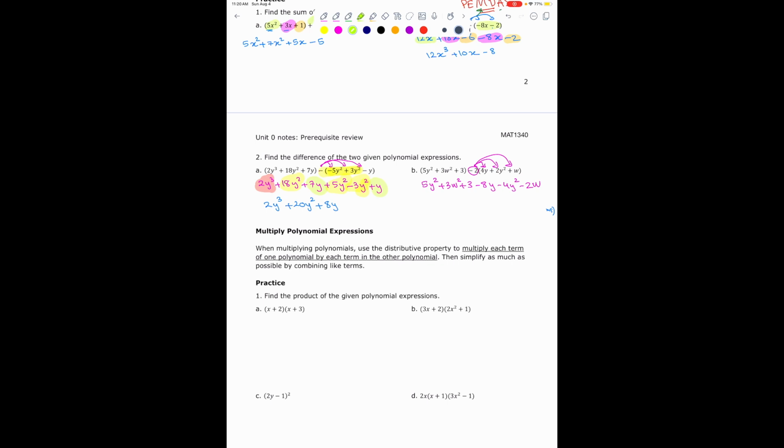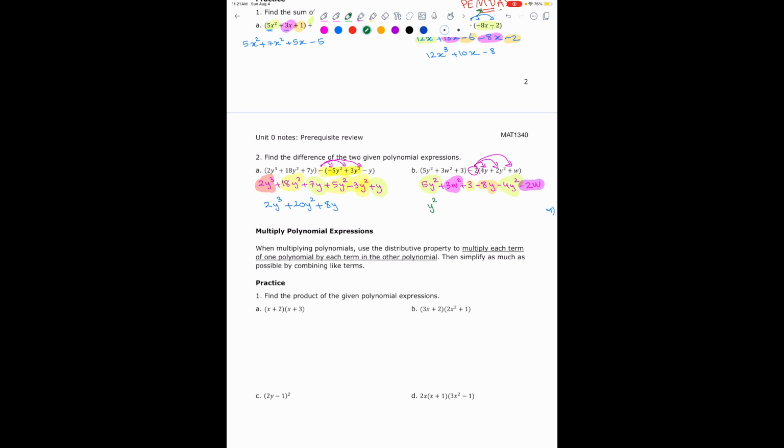We're going to highlight like terms. 5y squared is similar to negative 4y squared. 3w squared does not have any like terms, and so is the rest. 3 doesn't have any like terms. Negative 8y doesn't have any like terms. Negative 2w doesn't have any like terms. Now we're going to combine. So again, 5y squared minus 4y squared is positive y squared.